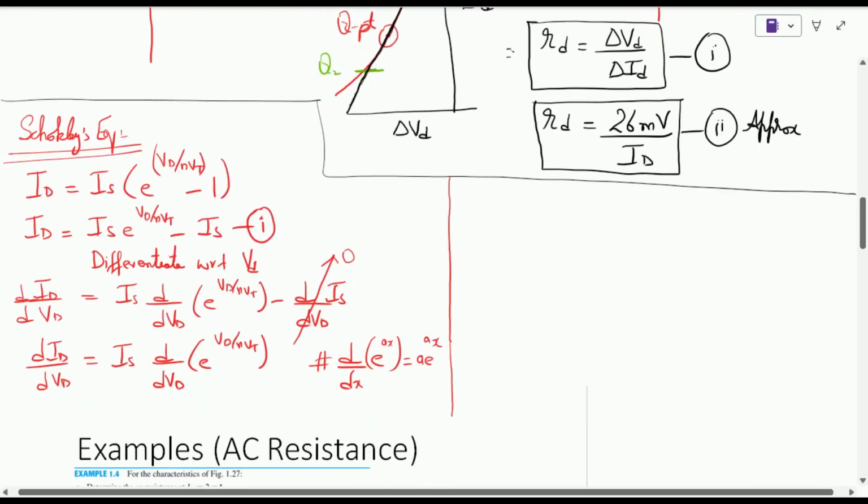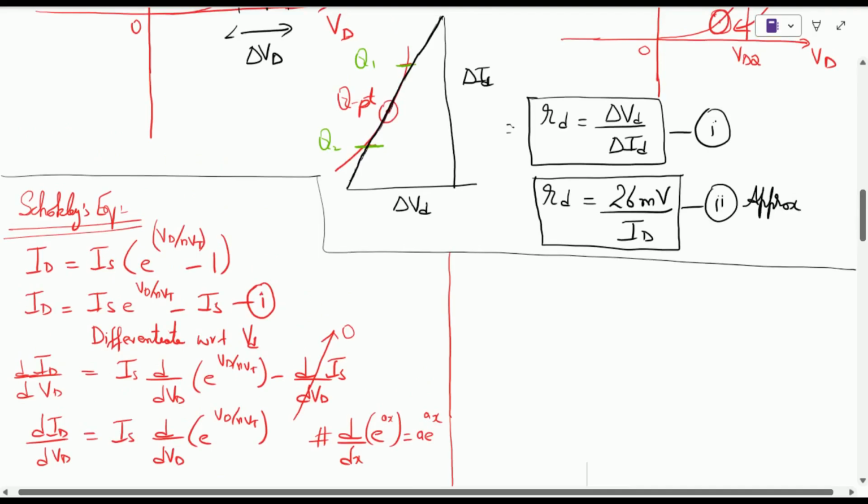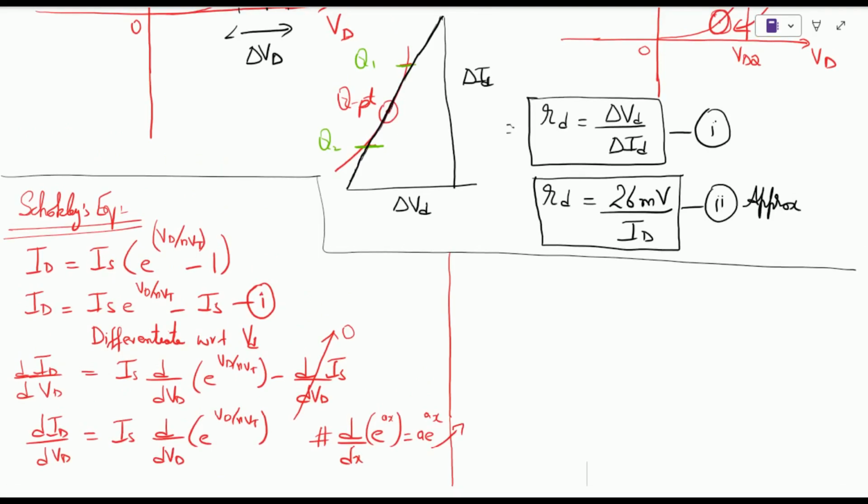So let me use the space over here. We can get the output as dId by dVd is equal to, so Is will remain as it is, as this is a constant. The exponential will remain with its value, which is e raised to power Vd by nVt, and then the thing that the exponential has in the power, which is a, comes outside, divided by nVt.